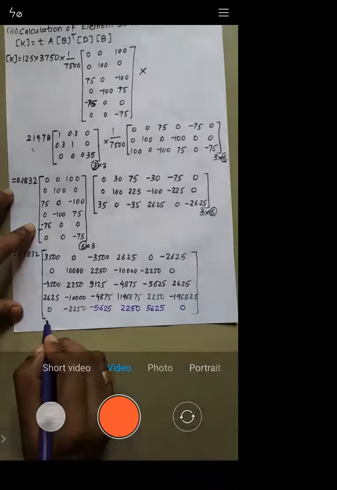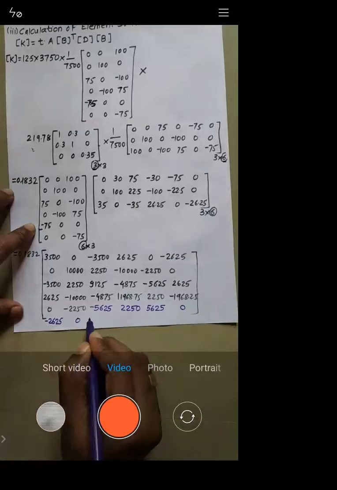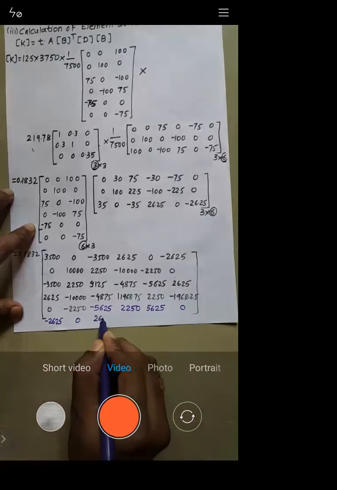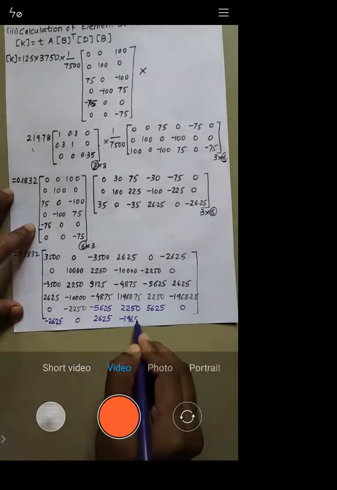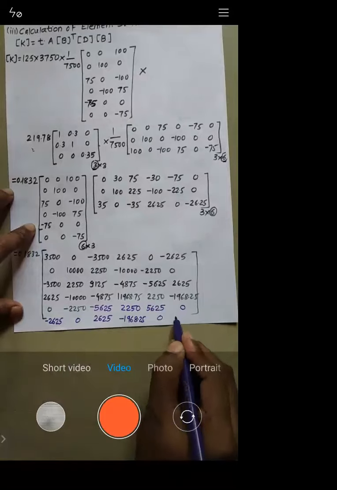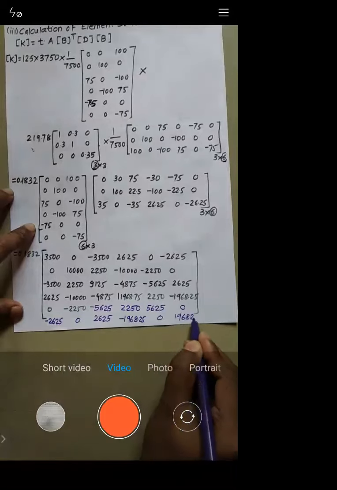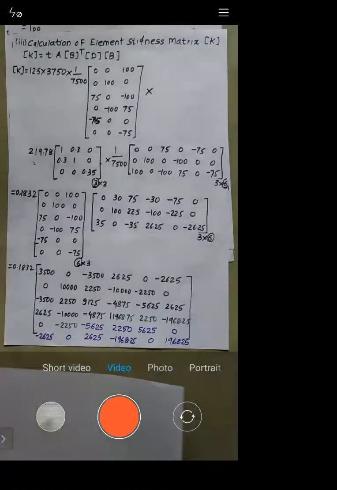Then here we have minus 2625, then we have 0 here, then we have 2625 here, then we have minus 1968.25, right? 0 and 1968.25. Is it okay? Yes or no? Have you understood this one? Let me know. Is it okay with this one? Yes, sir.